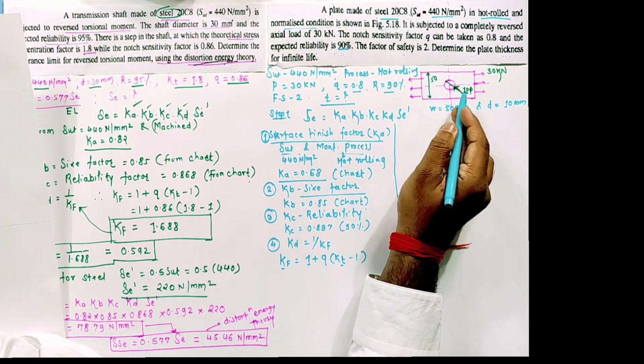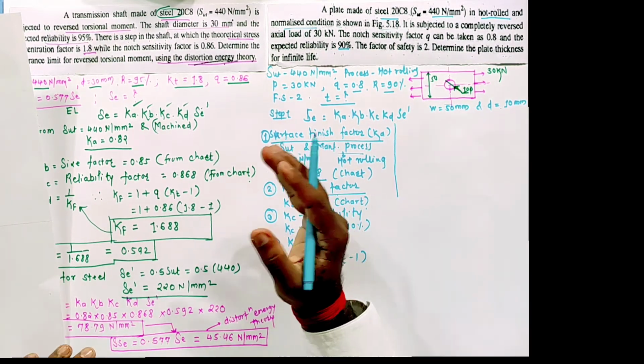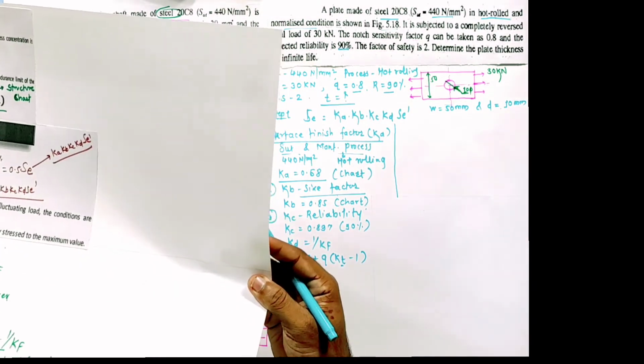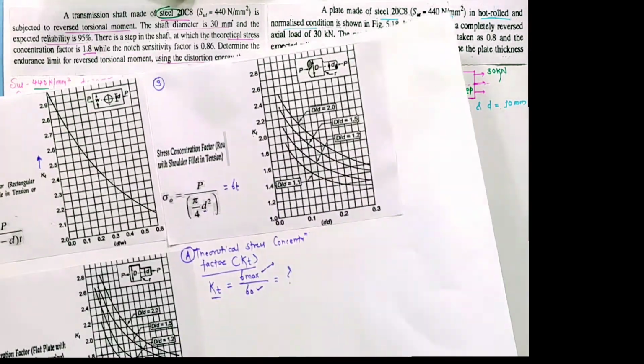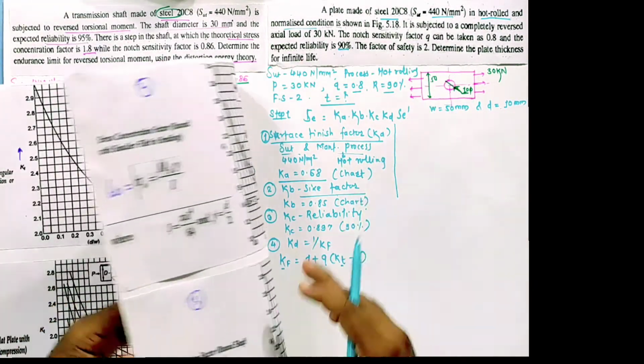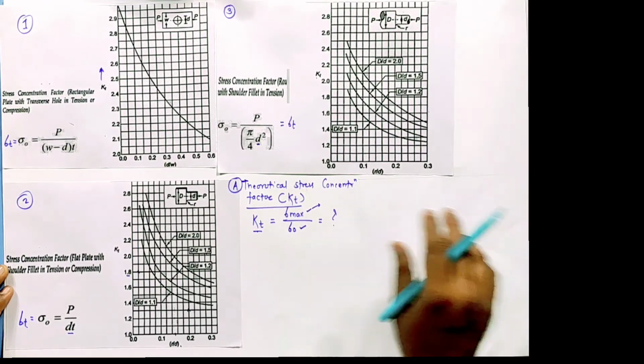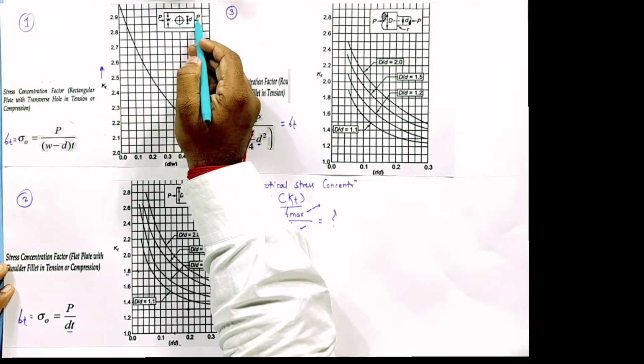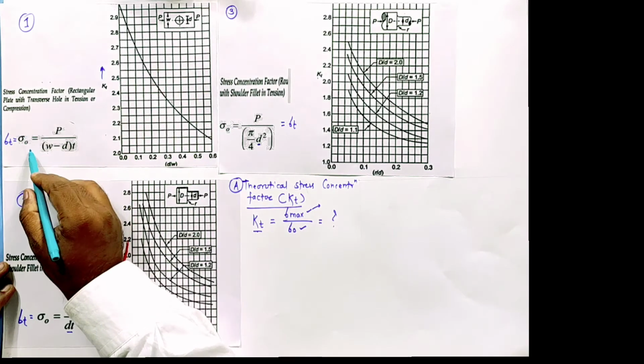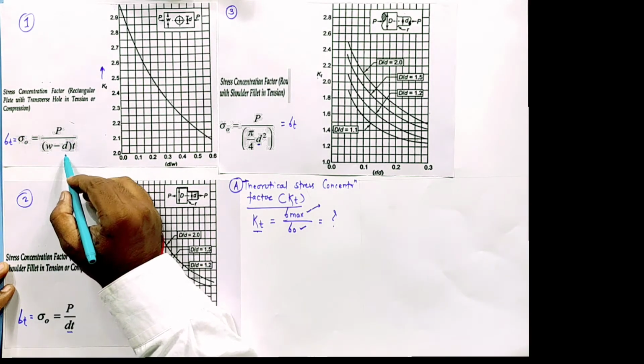Now this structure is related to which chart? Just revise from your side. This is a rectangular plate with drill hole. You can see the first chart, rectangular plate with drill hole. Its initial equation is sigma o equal to P by area.